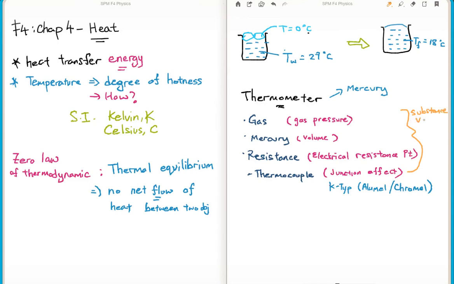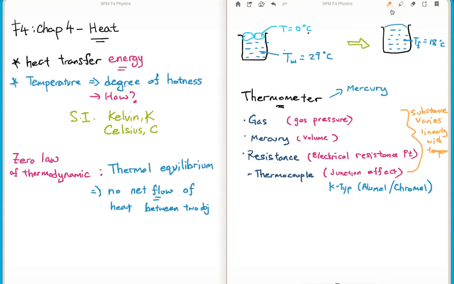varies linearly with temperature. So it means when the temperature increases by 1 degree, the gas pressure, the volume, resistance, junction effect, thermocouple, all of these increase proportionally. So you're able to correlate that with the increase of temperature.